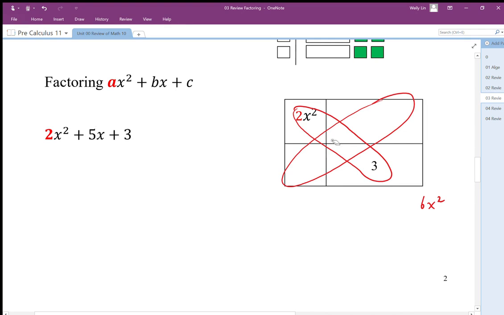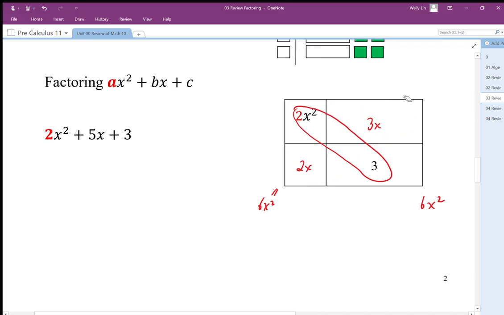These two areas have to add up to 5x. Well, the only way we can do that is 3x and 2x. If I multiply them together, that's 6x squared, and they add up to 5x. So we can use this diagonal product to split the middle term.